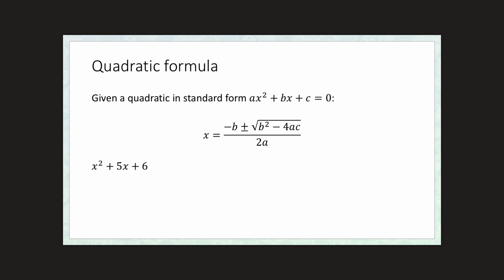Okay, another place where imaginary answers come up quite frequently is using the quadratic formula. And as a quick reminder, if you put a quadratic in ax squared plus bx plus c equals 0 format, this formula, negative b plus or minus the square root of b squared minus 4ac all over 2a, will give you the solutions for x. They will solve for x for you. And remember, this part right here is called the discriminant.